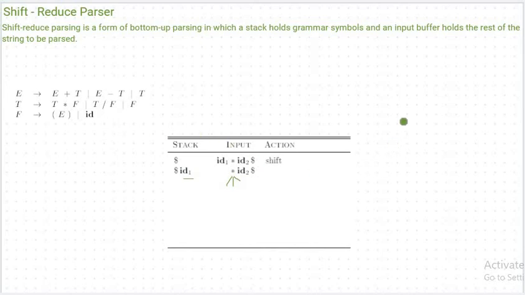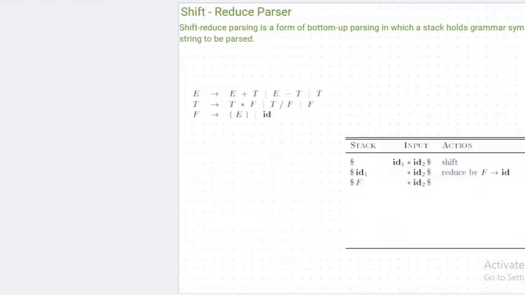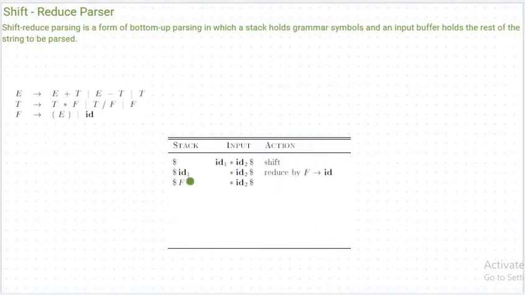Now I can go for the reduce operation. What does reduce mean? This handle you are replacing with the corresponding non-terminal. So in the next step you will be replacing ID1 with F by using the production rule.